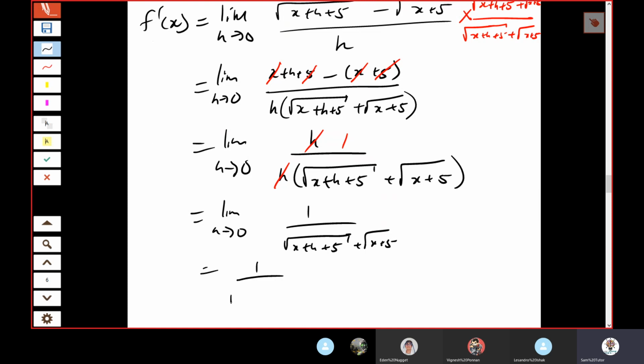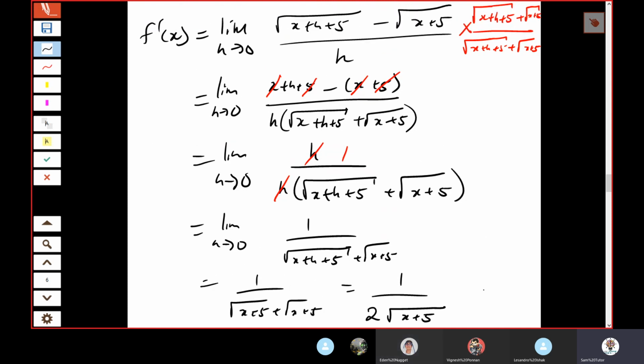Therefore you'll get 1 over root x plus 5 plus root x plus 5. See, even these are the same, you can only add like surds. So root x plus 5 plus root x plus 5 is 2 root x plus 5. And that's it. That's the answer.